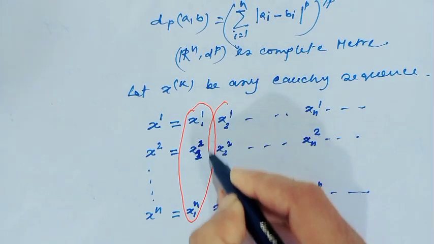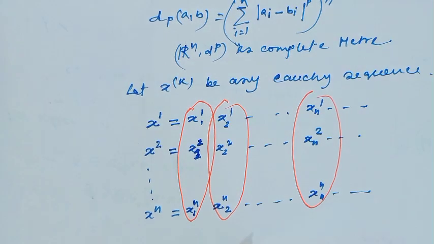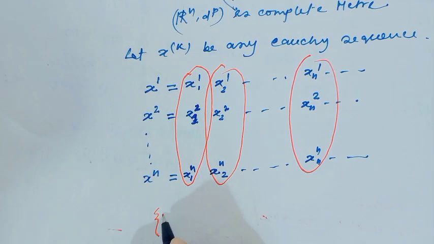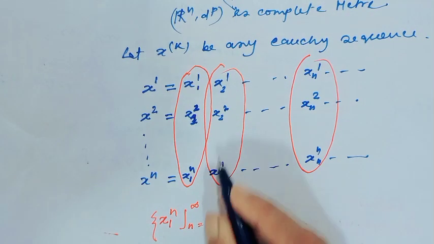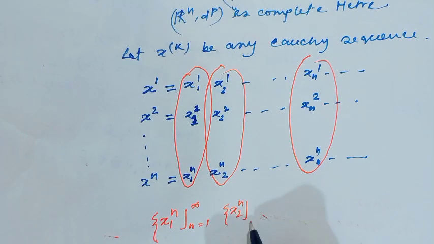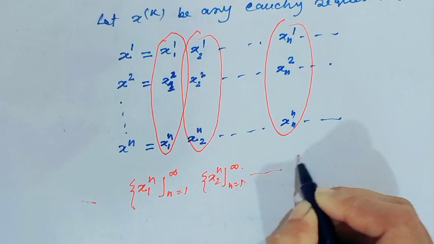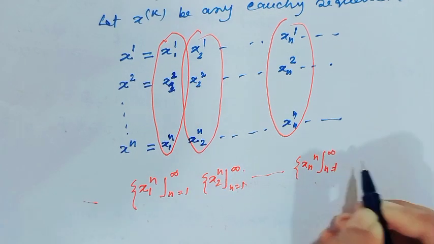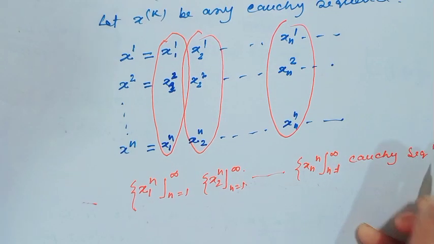this type of sequence, meaning the sequences (x1^n) for n equal to 1 to infinity, (x2^n) for n equal to 1 to infinity, and (xn^n) for n equal to 1 to infinity. I will prove each of these is a Cauchy sequence.